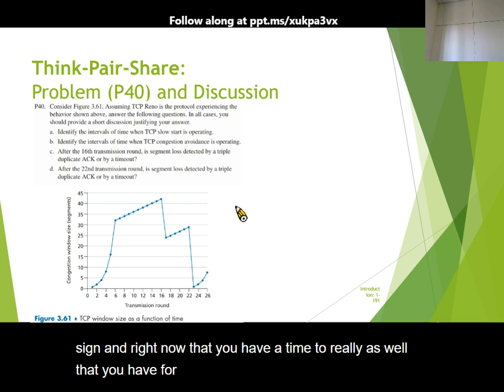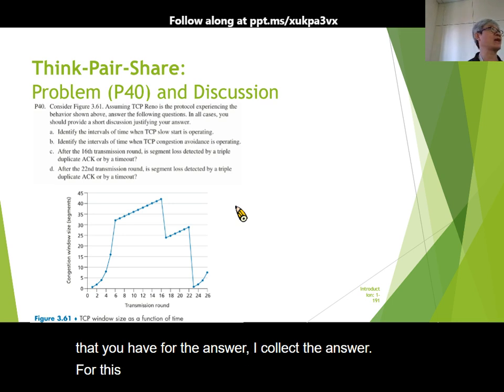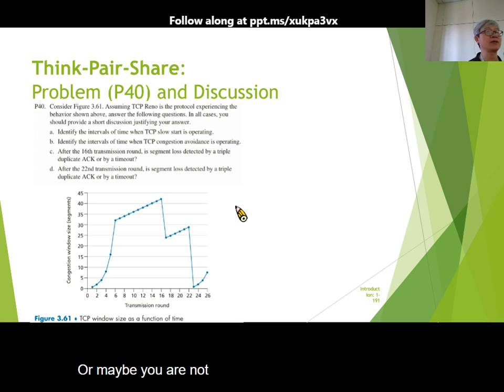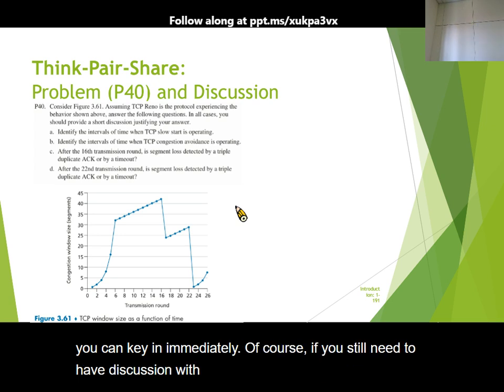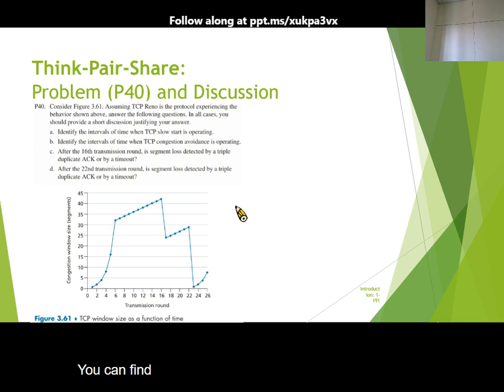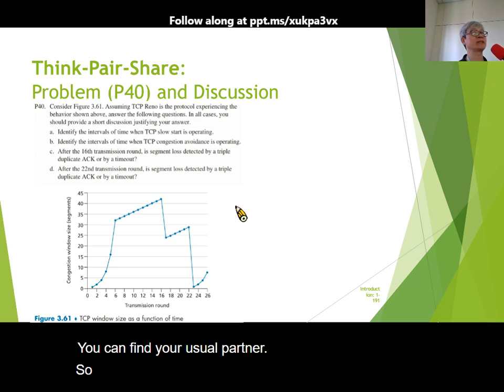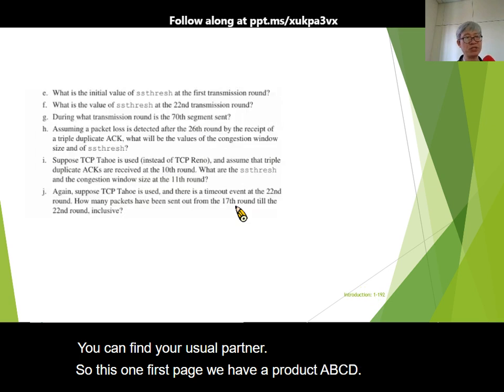I will collect the answer for this one, so take a picture if you don't have it. Or maybe right now you have the answer already, so you can key it in immediately. Of course, if you still need to discuss with your neighbors, sure. At this time, you can find your usual partner. So this one, first page, we have problems A, B, C, D, and E, F, G, H, I, J.